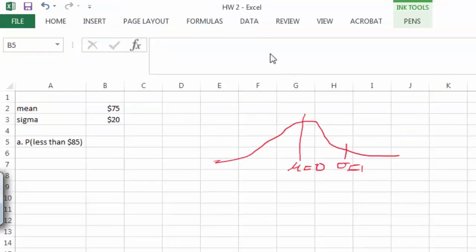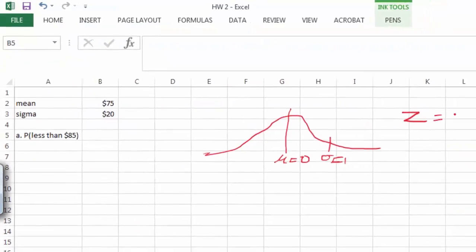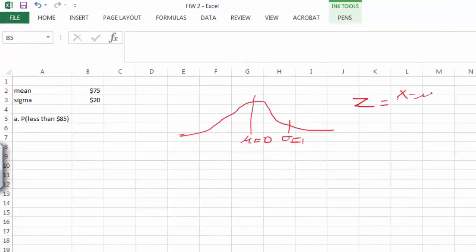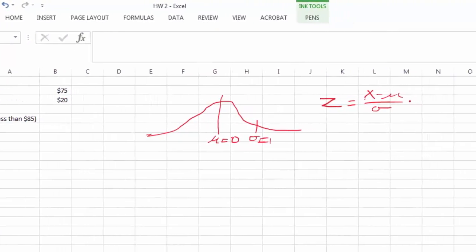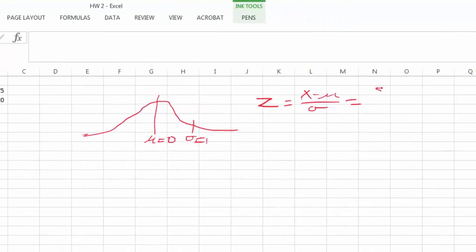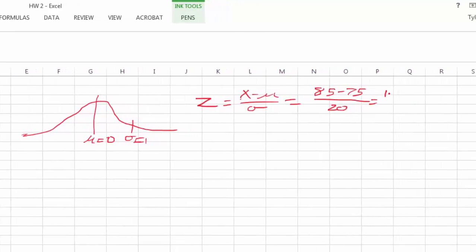Okay, so to find the z-score then, remember z is x minus mu over sigma, and here our x is 85, mu is 75, sigma is 20, so that's 10 over 20, or 1/2. So what we're saying here, the z-score of 0.5, is that $85 in this distribution is 1/2 a standard deviation to the right.